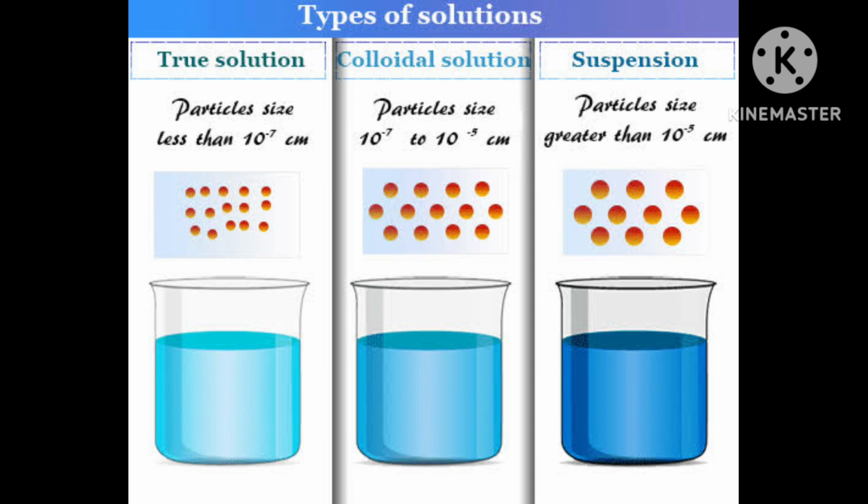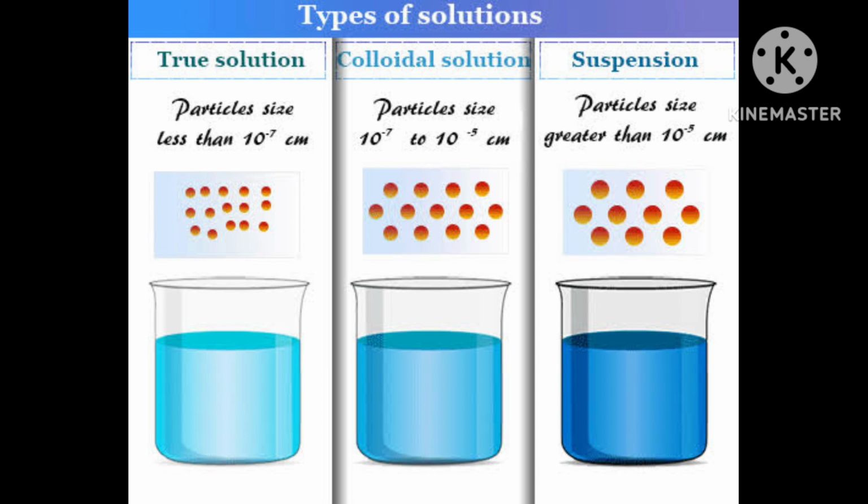Many molecules just get together, and then collectively these are called the dispersed phase. Aggregate of atoms, aggregate of ions or molecules, all are called dispersed phase. That is the colloid.